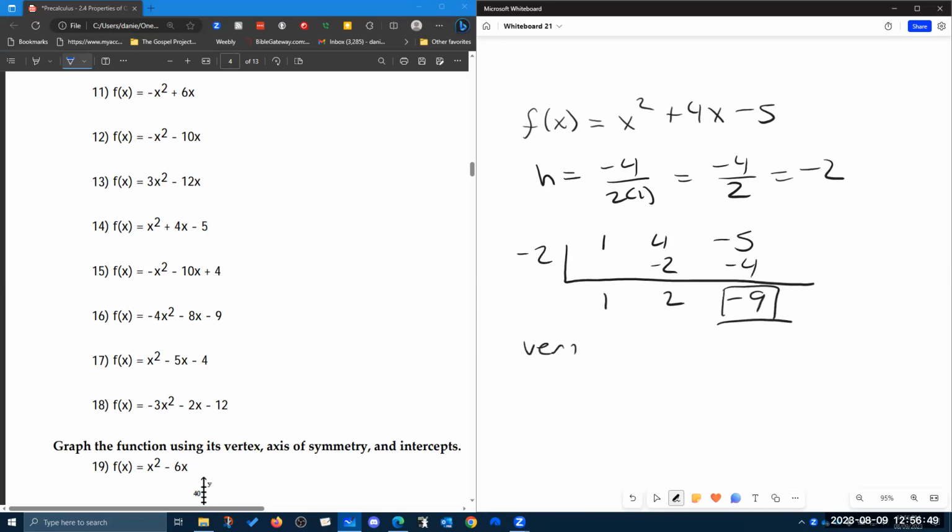My vertex is going to be at (-2, -9). And my axis of symmetry is going to be x equals -2.